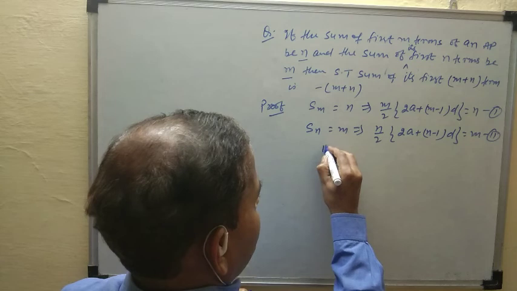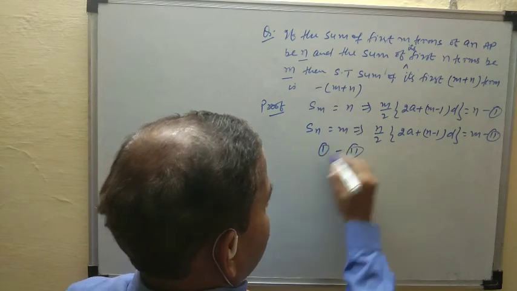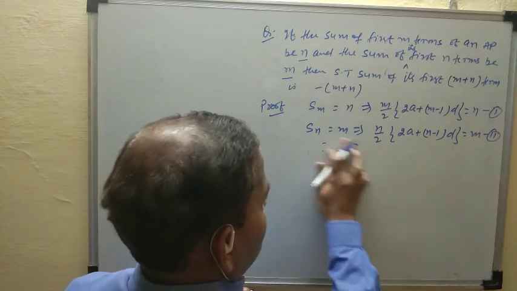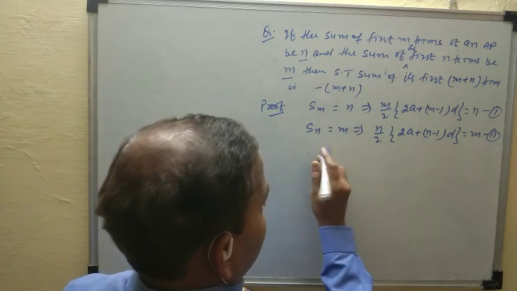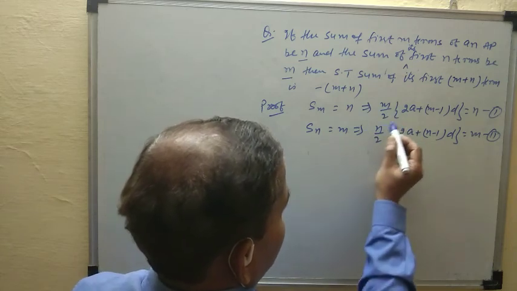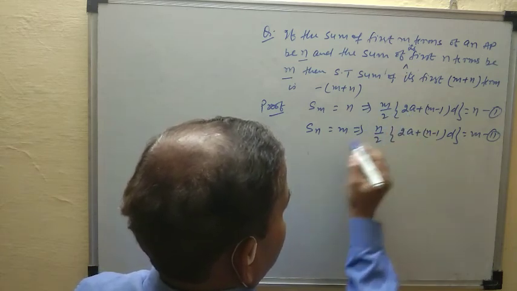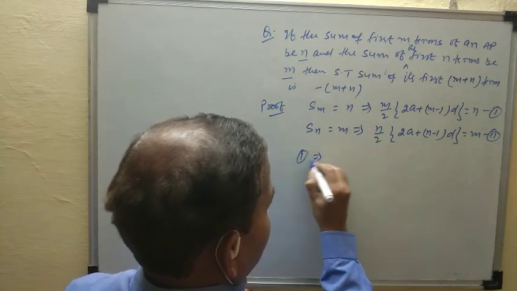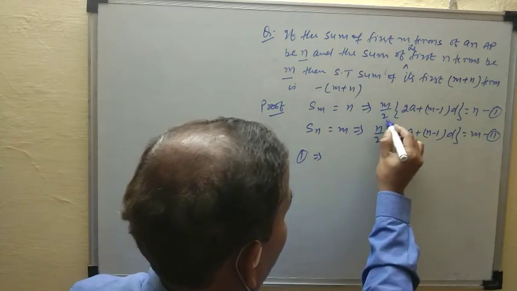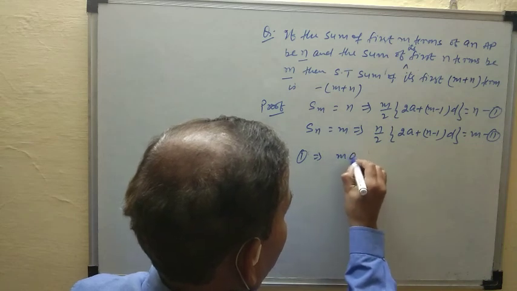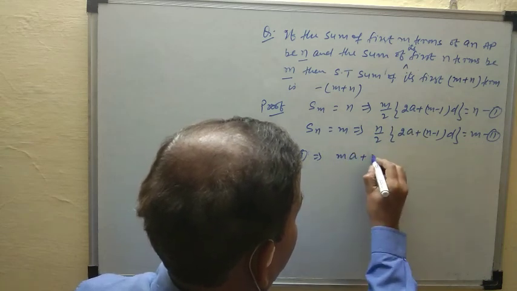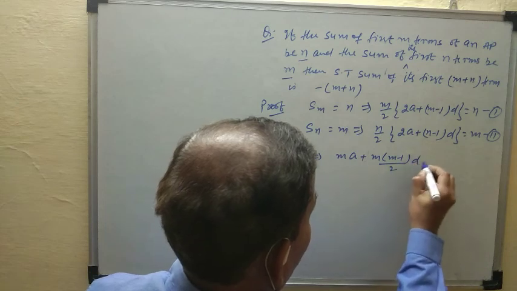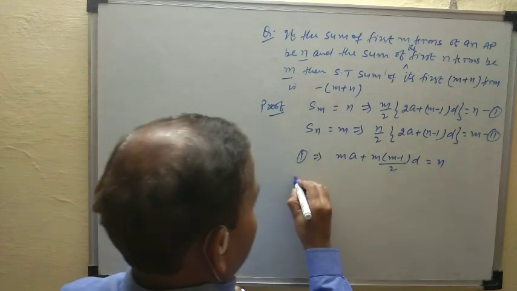So subtract the second from the first. The first equation can be written by opening the bracket, then the 2 cancels: ma plus m into m minus 1 by 2 into d is equal to n.